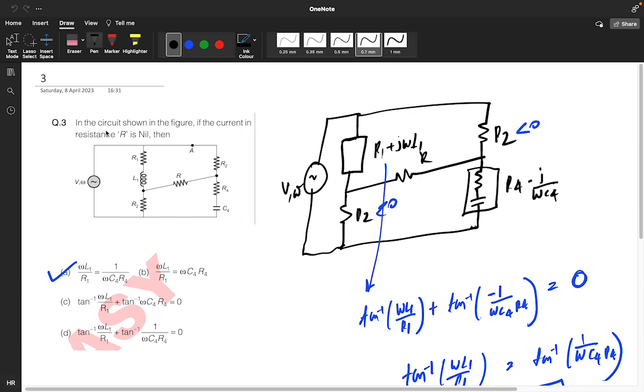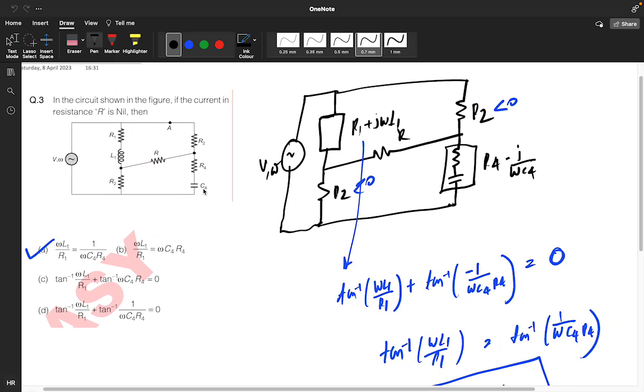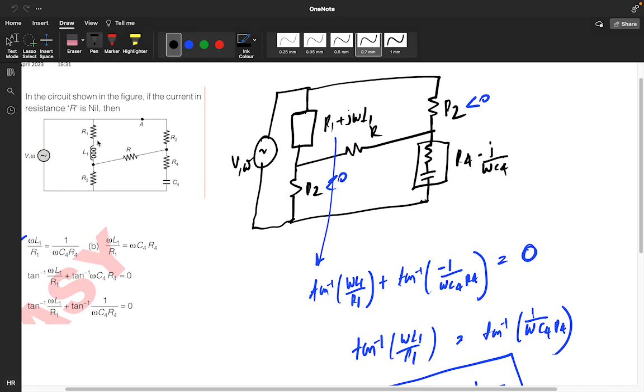They had asked, in the circuit shown, if the current in the resistance R is nil. Nil means there is no current. So what they are doing is the Wheatstone bridge concept. In the Wheatstone bridge concept, I told you the angle of this plus angle of this should be equal to the angle of this and this.